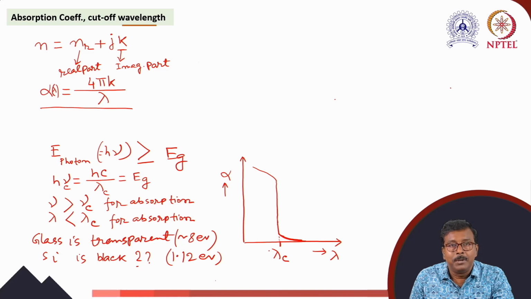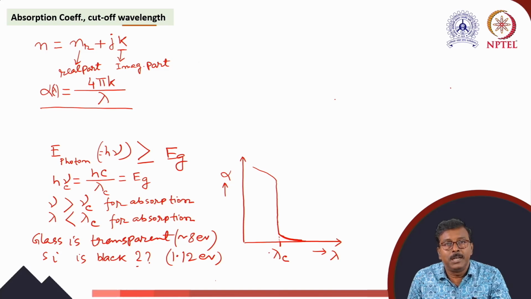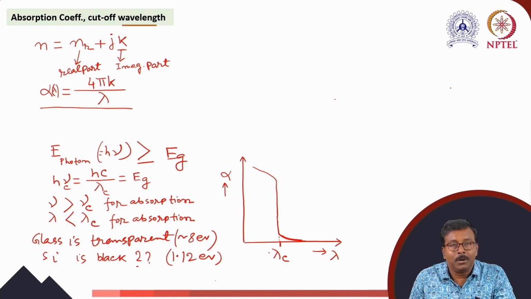If we observe the absorption coefficient for different semiconductor materials, and several papers have already reported the values of this alpha for different materials, it looks like this. Exactly the conceptual figure that I have drawn.